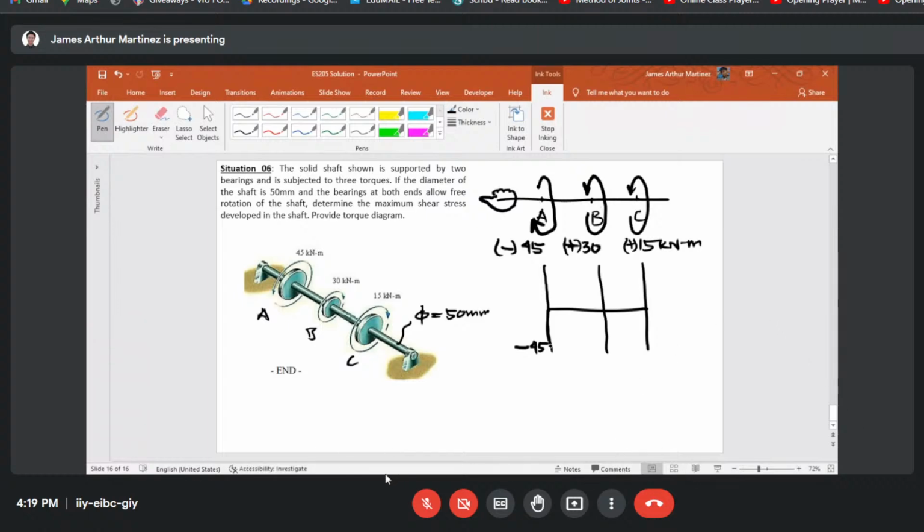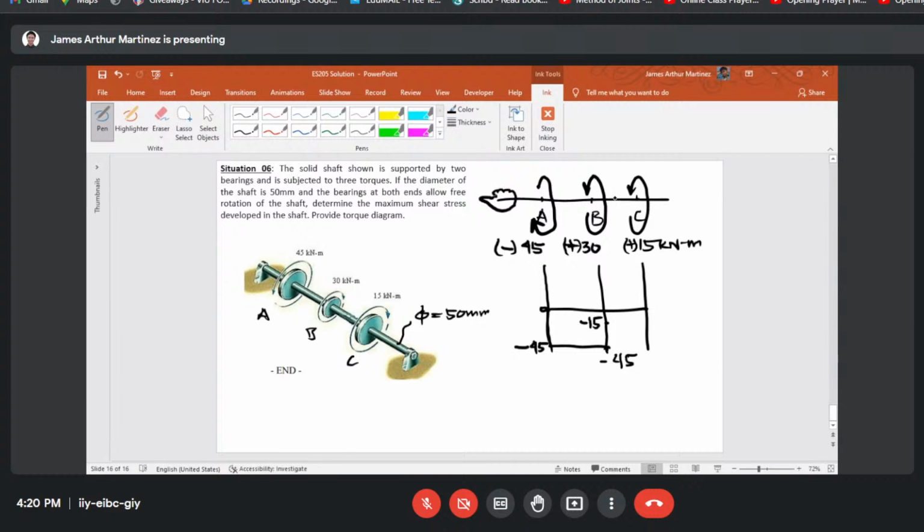From A to B, it is linear, because no external torque or torsion acts on member A to B. So, meaning this point is also negative 45 kilonewton meters. Then at point B, at this point, you have positive sign convention, right? Meaning, class, if this is 0, it goes up by 30. So, plus 30. That is why negative 45 plus 30 is negative 15. Right? So, that is an easy point, class.